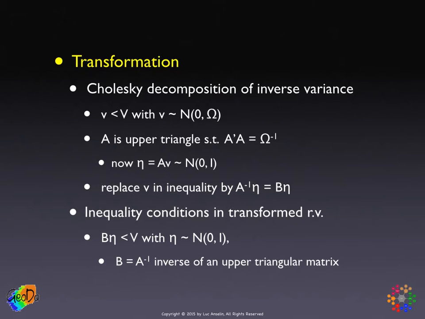Well, the reason is that now eta is standard normal, and B eta is a system of inequalities, not equations, with a particular triangular form, and we can actually solve that easily, recursively, going from the bottom to the top.